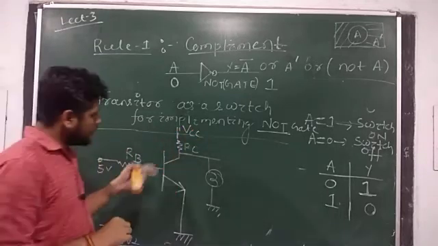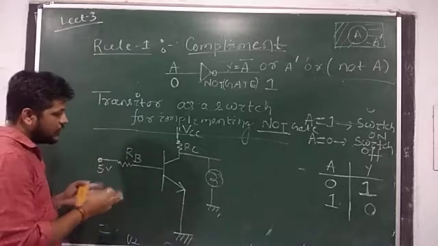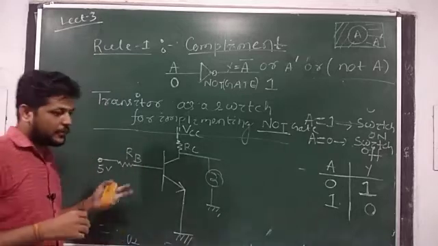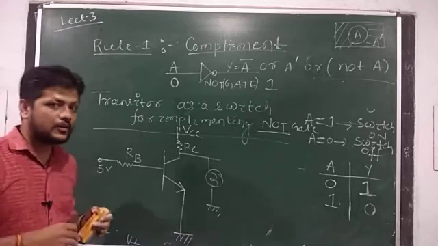So we have already studied about transistor in basic electronics. That transistor is a 3-terminal electronic device. The application of transistor is it can act as an amplifier or a switch.